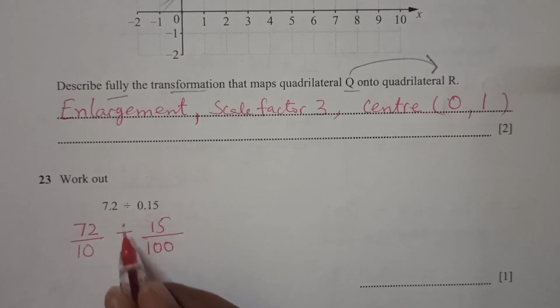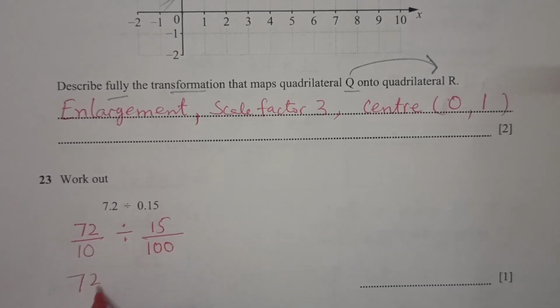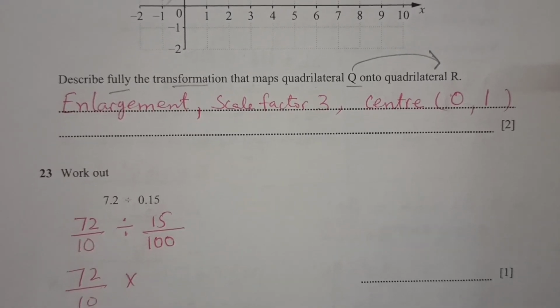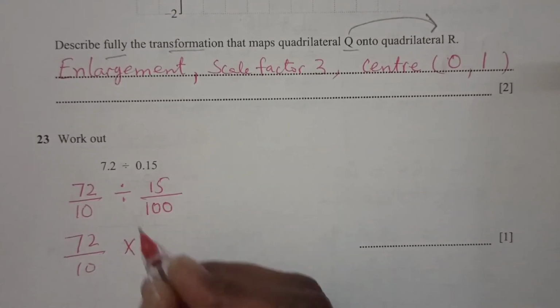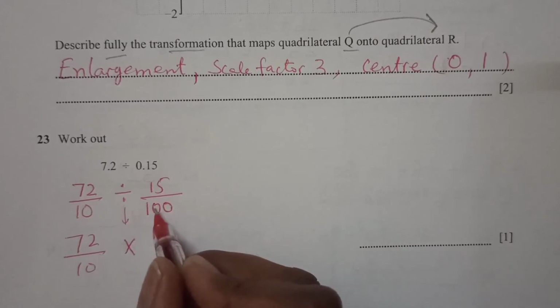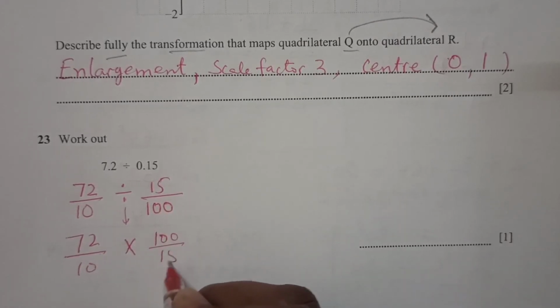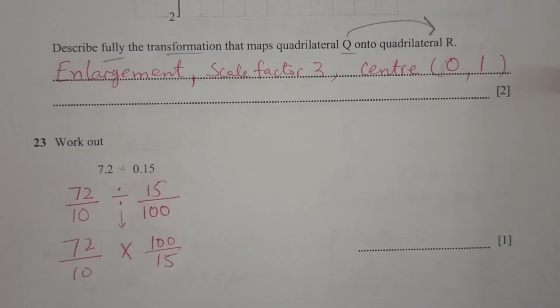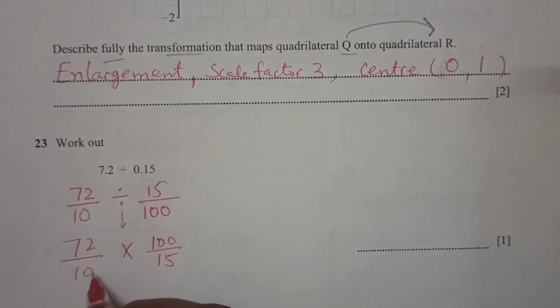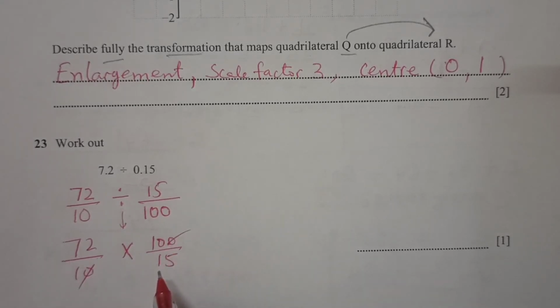Now I'm going to change this one, 72 over 10. Let's make this multiply. So when you change this division to multiply, then we will take the reciprocal of that. This is 100 over 15, right? So now you can simplify this. 0 and 0 get cancelled. So this and this can be simplified again.